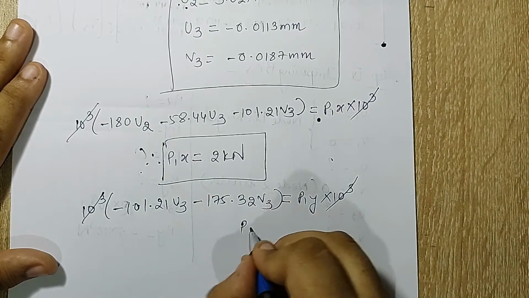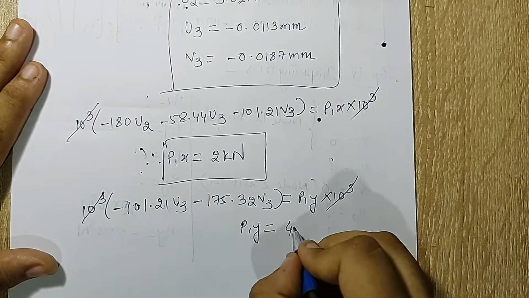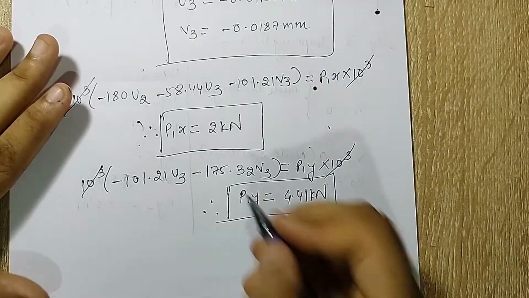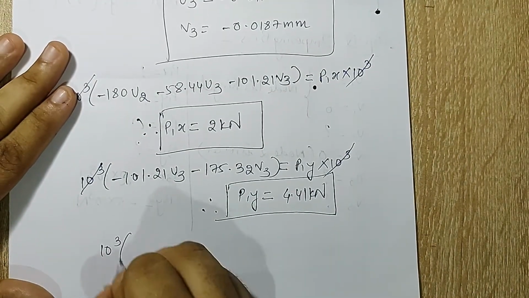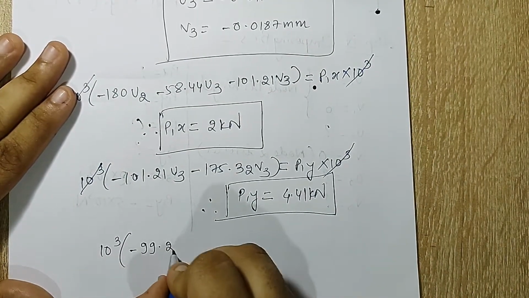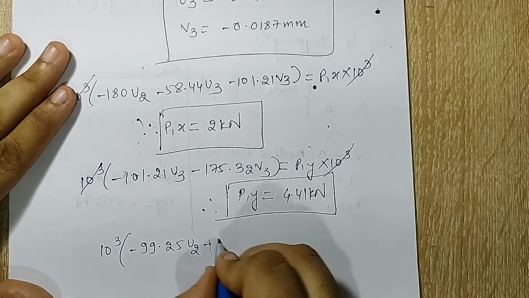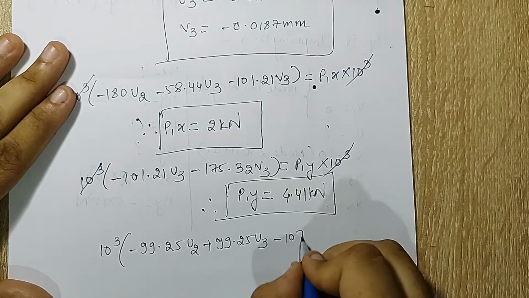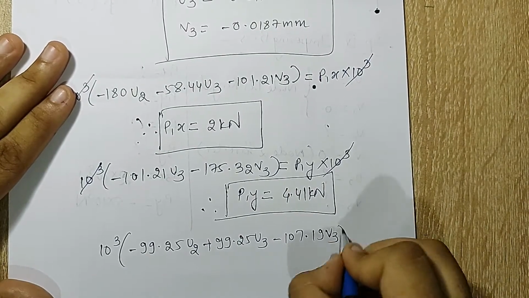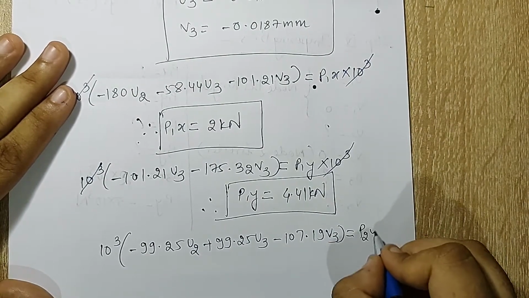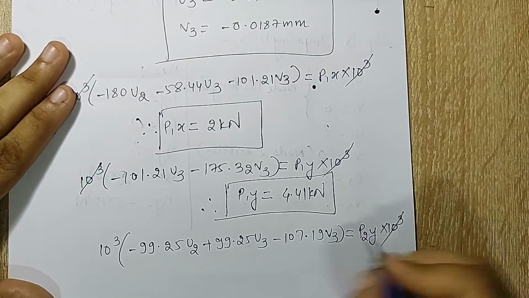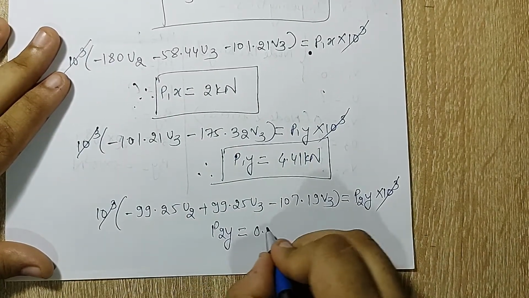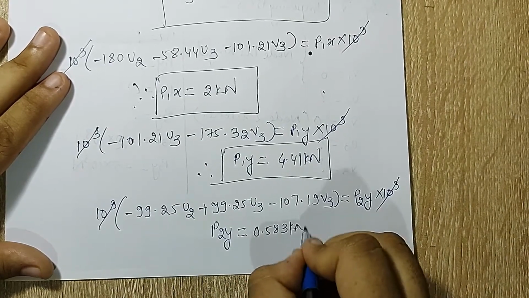I cancel these two and I get P1y as 4.41 kilonewton. And lastly 10 raised to 3 minus 99.25. I get P2y as 0.583 kilonewton.